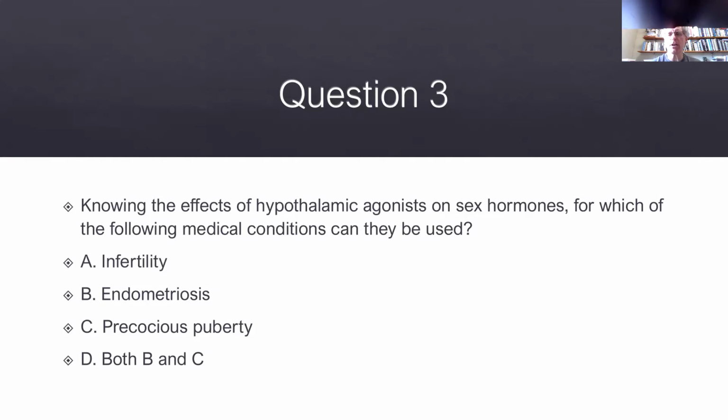Medical indications include endometriosis, precocious puberty. Infertility is best treated by hypothalamic antagonists, not hypothalamic agonists. So the answer is D, both B and C.